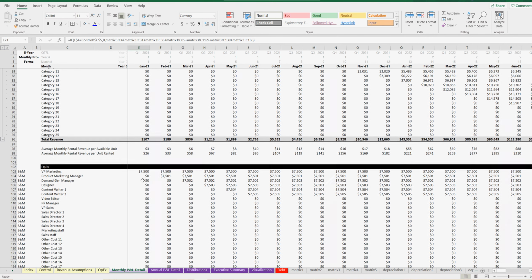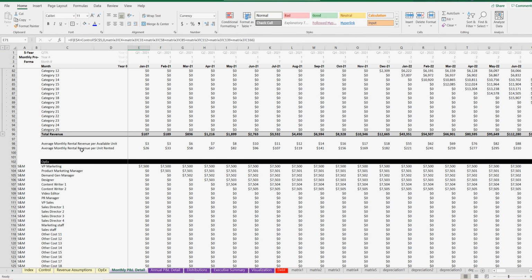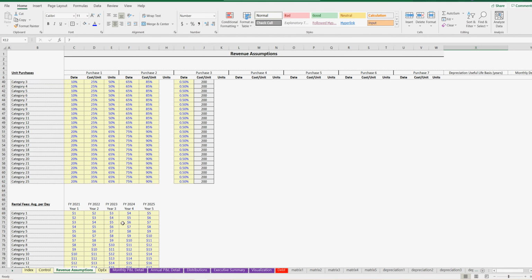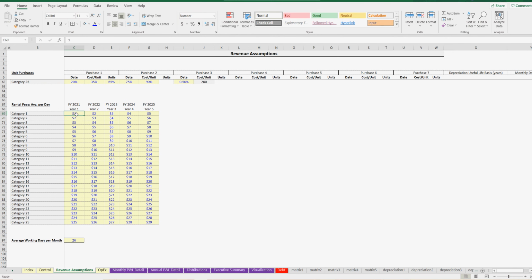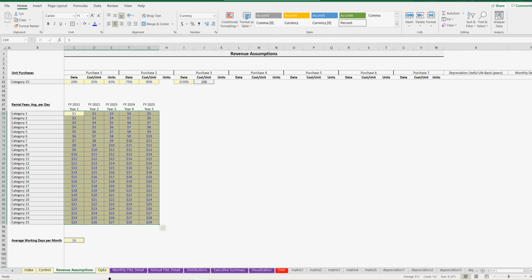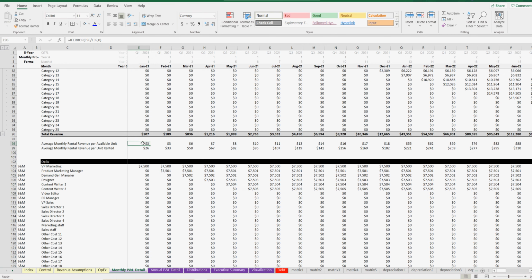Then you got total revenue, you've got average monthly rental revenue per available unit and per unit rented. So this number is just based on these numbers here. But this top number is essentially showing the drag of unused or unutilized inventory.